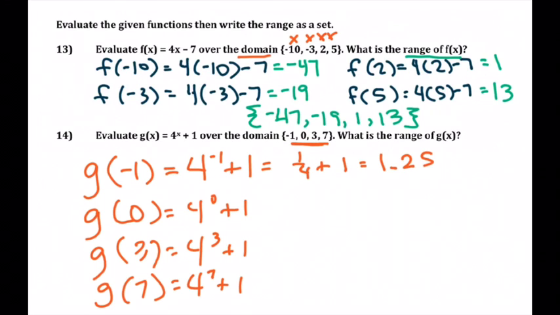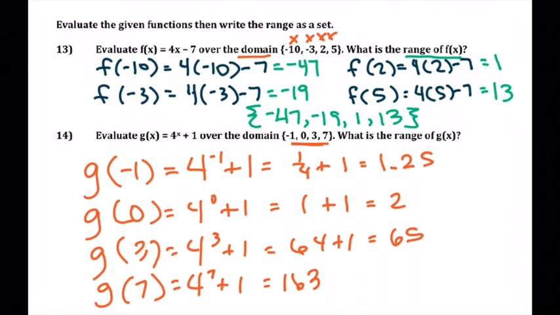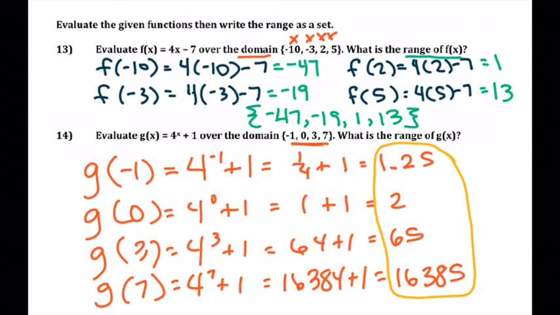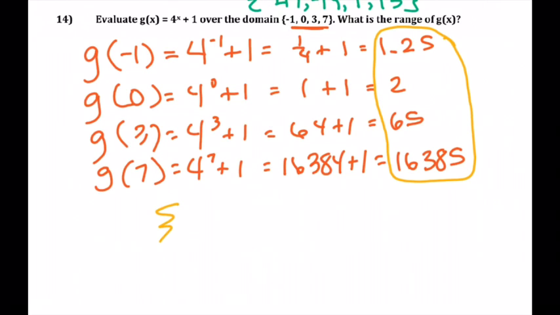You can use decimals for this. 4 to the 0, remember that that's 1, plus 1 is 2. 4 to the third is 64, plus 1 is 65. And 4 to the 7th, 16,384 plus 1 equals 16,385. So I'm going to take these numbers right here. That's my range.